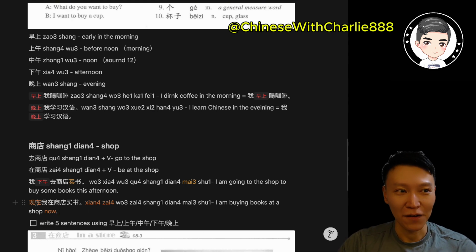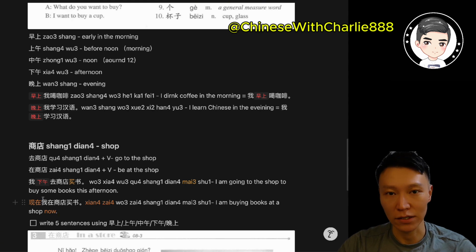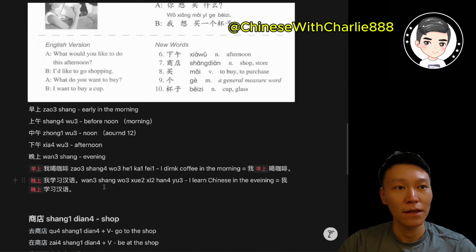I have to repeat again. 现在 as a time element can also be put in front of the verb. Here in this sentence, the verb is 在, so be in the shop. So 我现在在商店. You can also say that. All right, that's 商店.